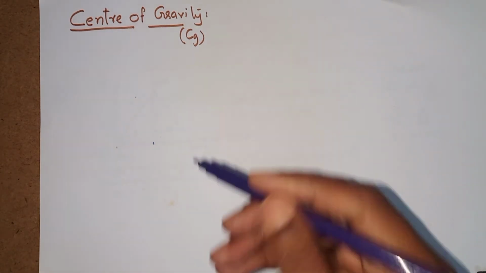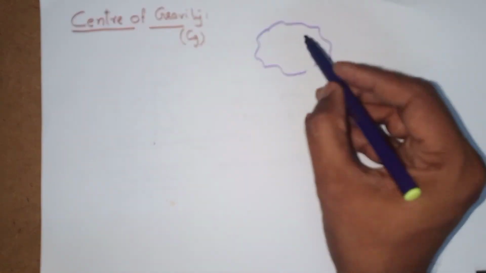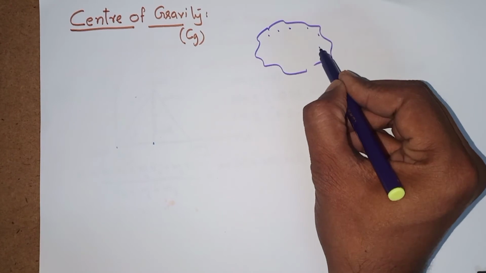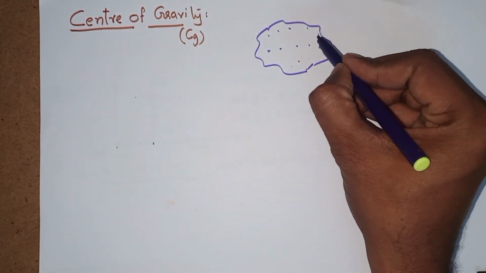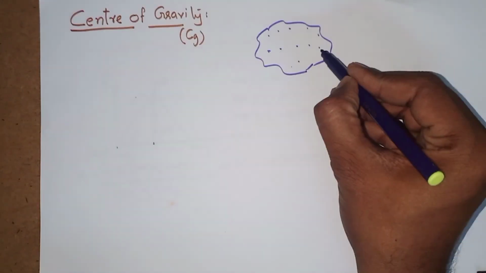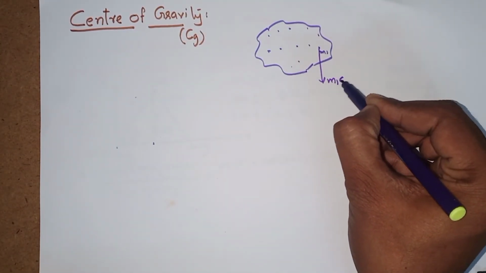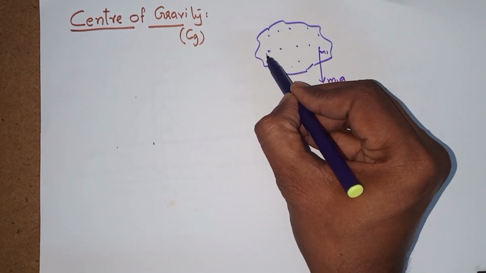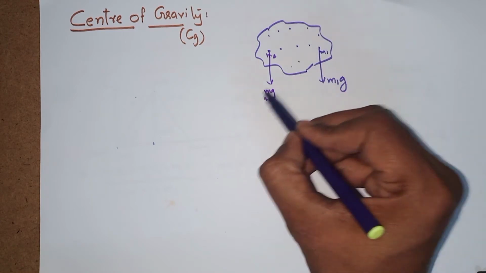Let's simply analyze a cardboard of irregular or particular shape, and several mass points are there. You choose M1, M2, M3, M4 and so on. Suppose this is M1, this is its weight, called M1g, and suppose this is M2, this is the weight acting, M2g.